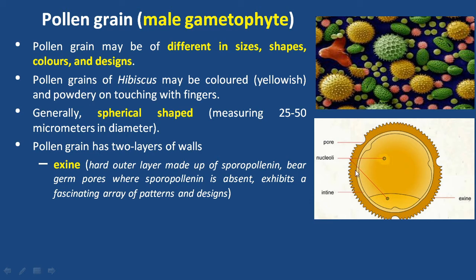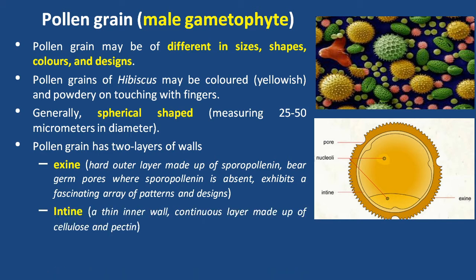And sporopollenin, the exine, the outer covering of the pollen, usually occurs in different designs and patterns. Within the exine, the outer layer of the pollen grain, we have the intine.